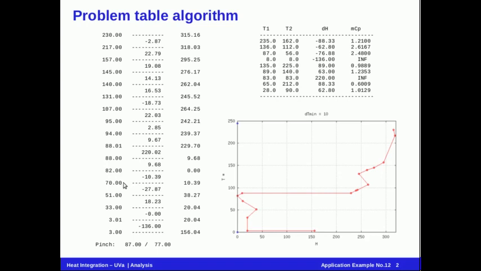That means 87 Celsius has the minimum approach of 5 Celsius up for the hot streams and 77 Celsius has the minimum approach of 5 Celsius down for cold streams.